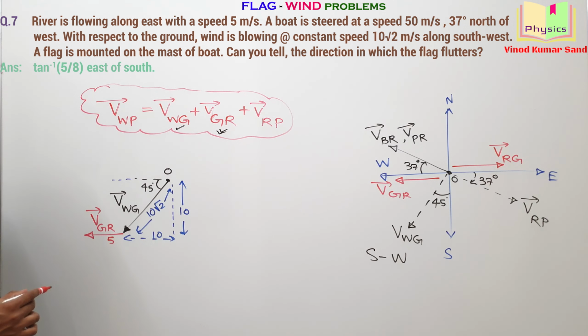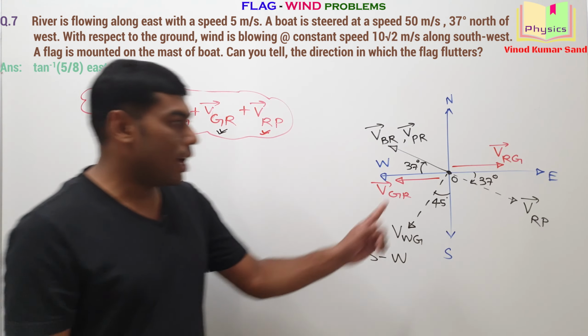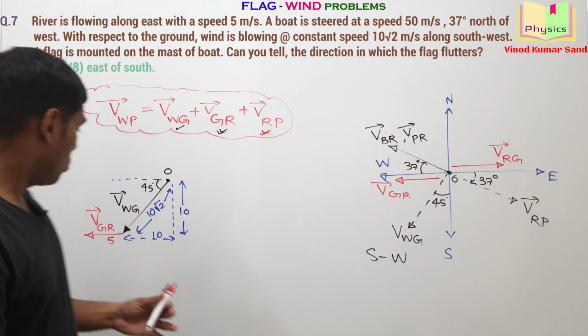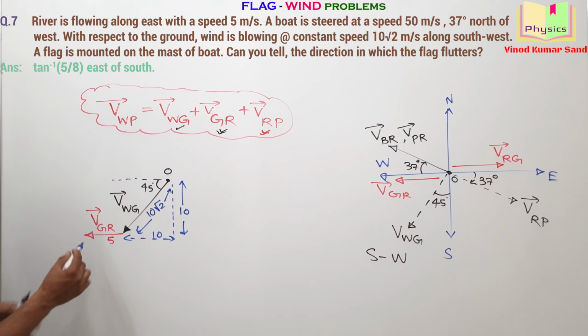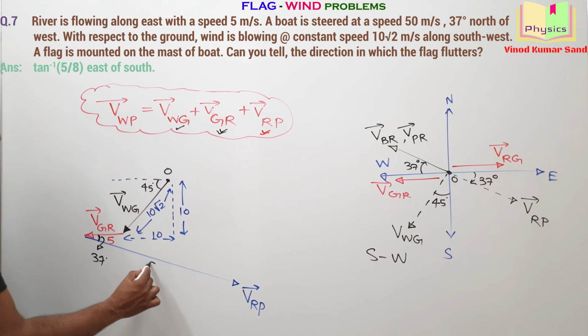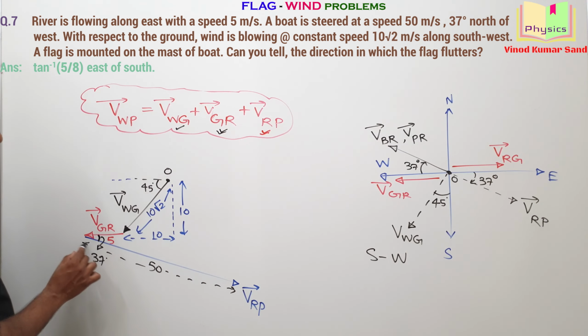I hope you agree with this. Now we have to add up VRP. VRP is making an angle 37 with the east as shown. So I am showing that VRP here. And it was making here an angle of 37 degree. This length was 50, if you have read the language carefully.